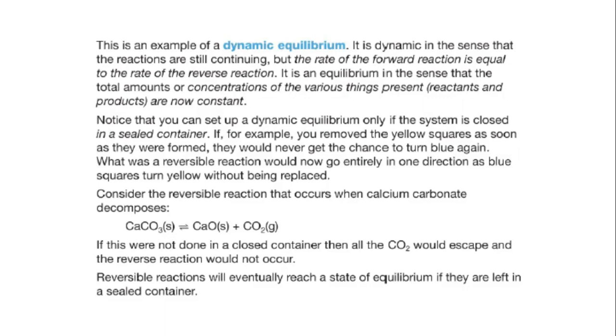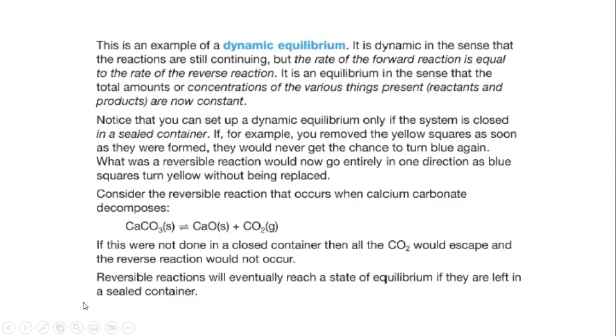So for example, this is your reaction. Calcium carbonate breaks down into calcium oxide and carbon dioxide. If you do this in an open container, what will happen? The carbon dioxide gas will keep on escaping.